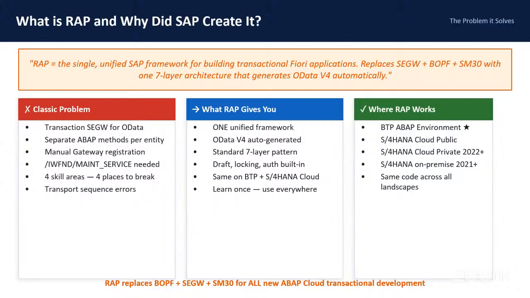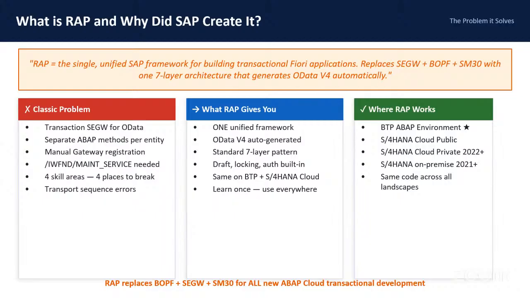Third, a standard 7-layer architecture that every developer on every project follows. When you join a BTP project, you immediately know the structure, and when a new developer joins any project, they immediately understand what has been built.